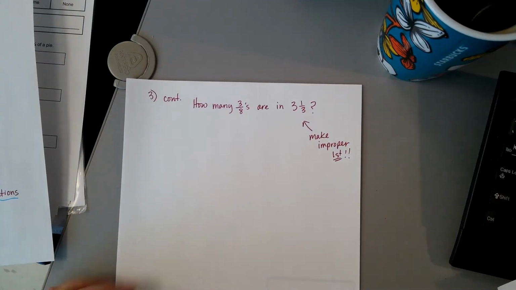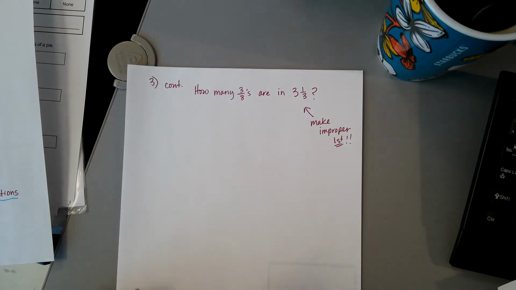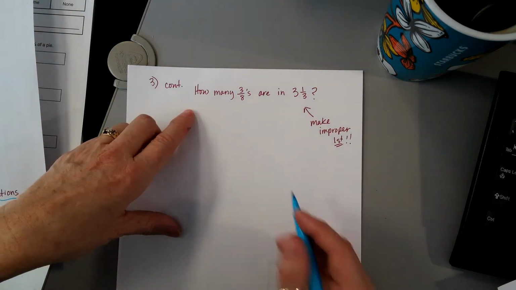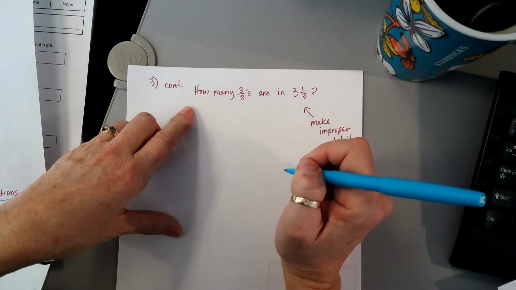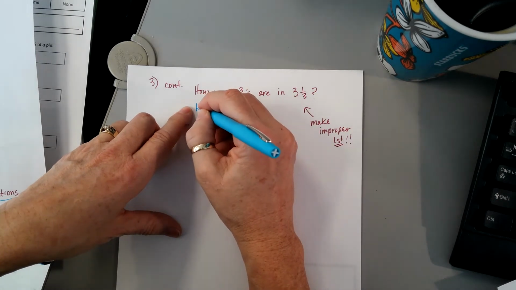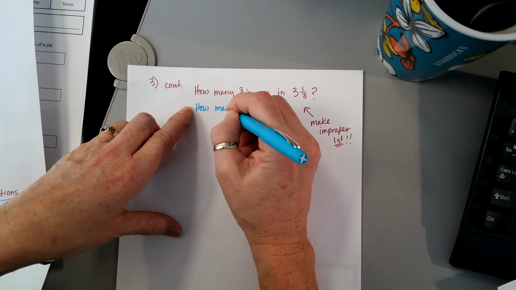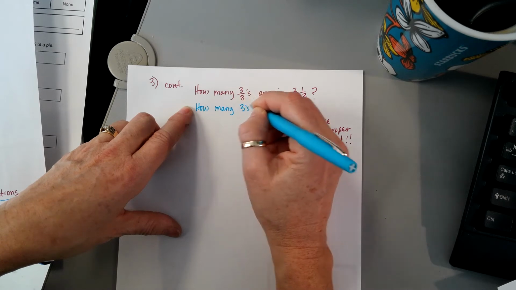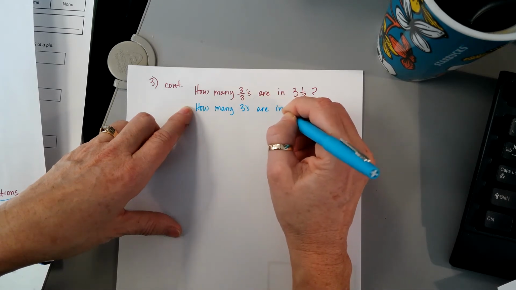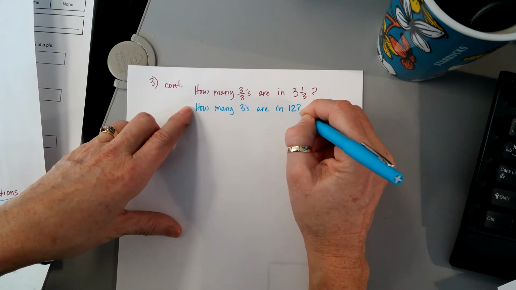Sometimes they'll do it with words. How many 3/8 are in 3 1/3? What I help the kids think about, because this is confusing, is to do it with simple numbers. How many 3s are in 12?